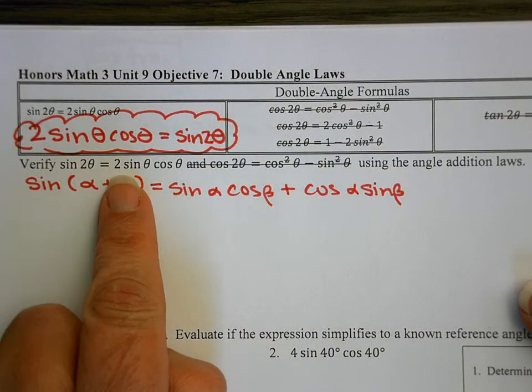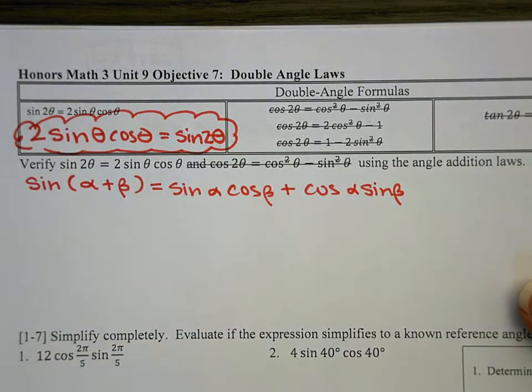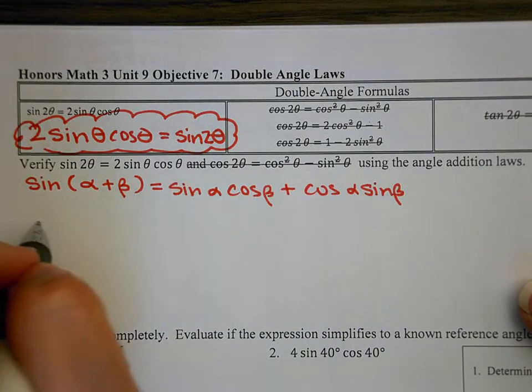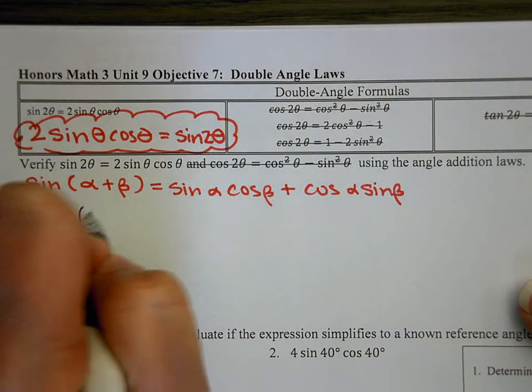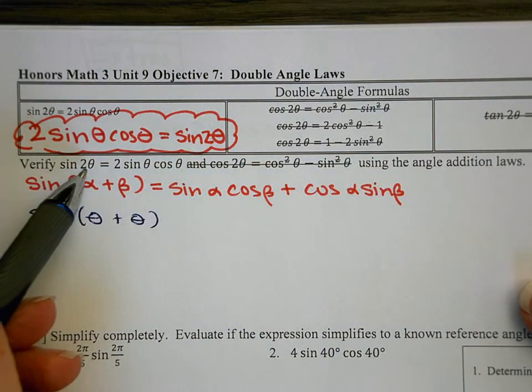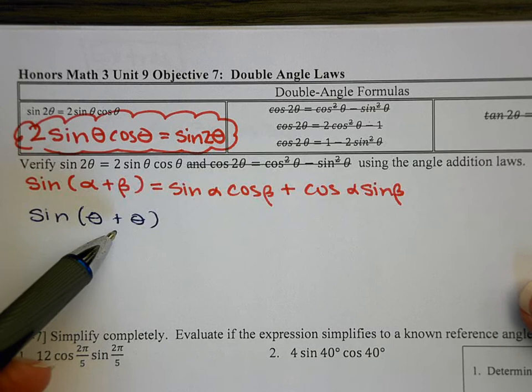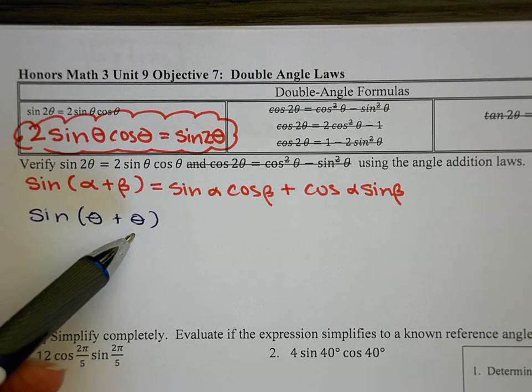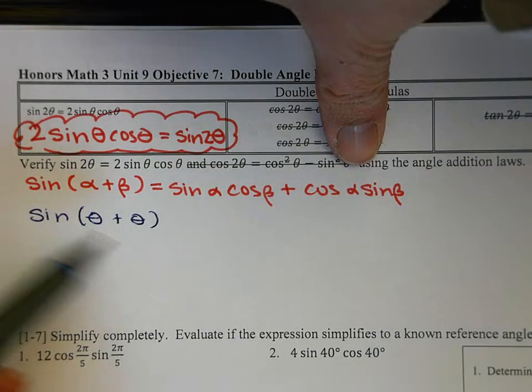This one is asking us to verify that this is the same. If we had sine of 2 theta, we could rewrite that as sine of theta plus theta, right? 2 theta is the same as theta plus theta. So I'm going to expand it using the identity from objective 4.